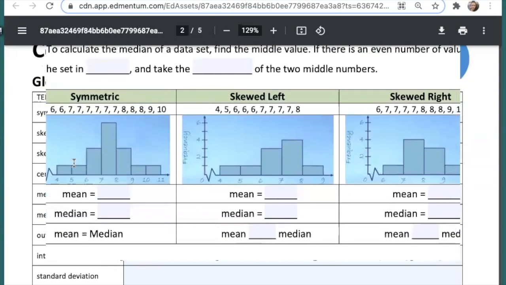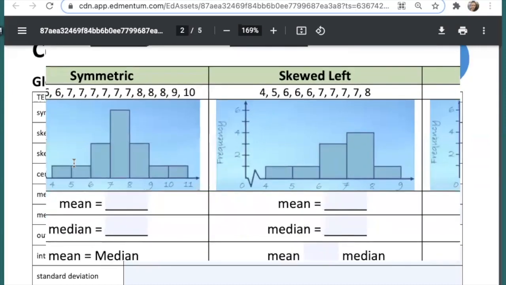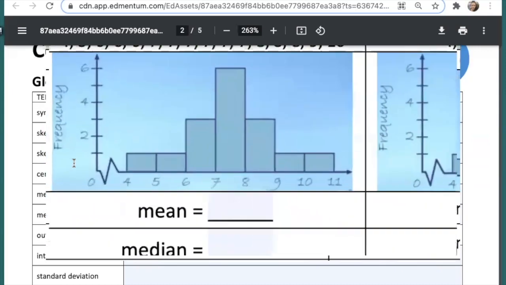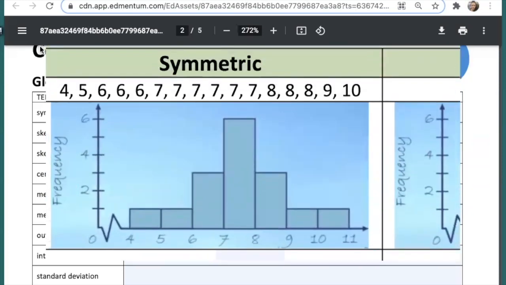Okay, so here we have an example, and they want us to find the mean and the median. So if I'm looking at this symmetric example, it lists all of the numbers in order from least to greatest, and then it shows a graph of it. And you can see this kind of follows the bell curve shape. It's symmetric.